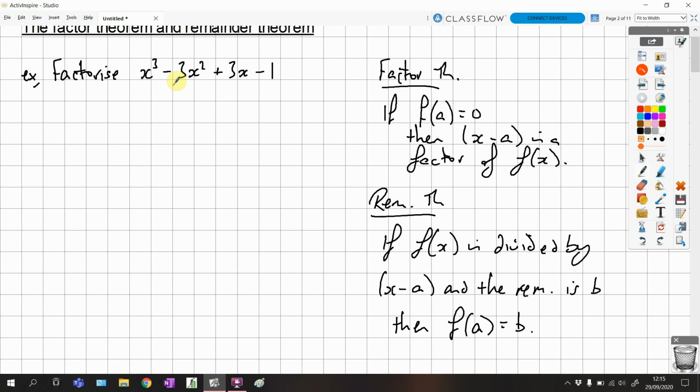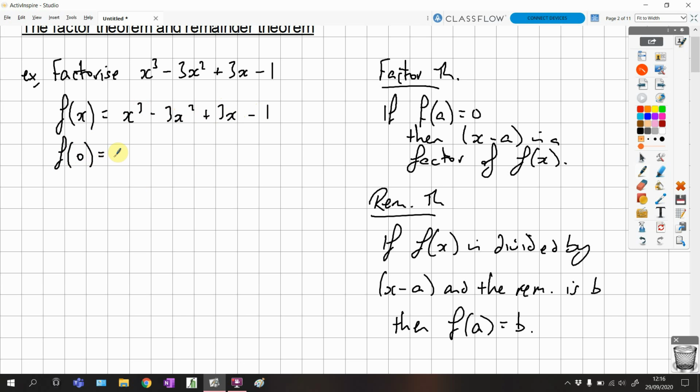Now, we want to find a factor of this cubic. We're going to use the factor theorem. We're going to treat this as f of x equals x cubed minus 3x squared plus 3x minus 1, and we're going to use some trial and error.